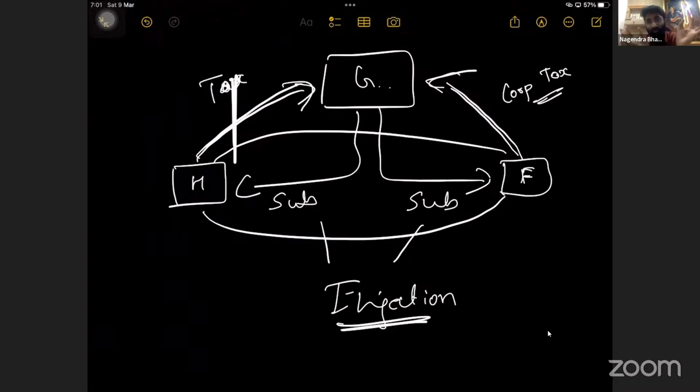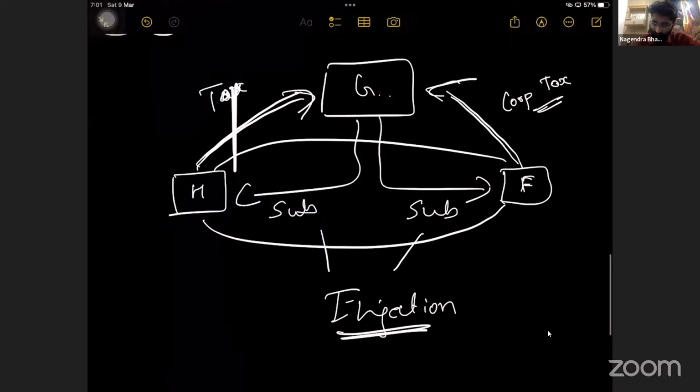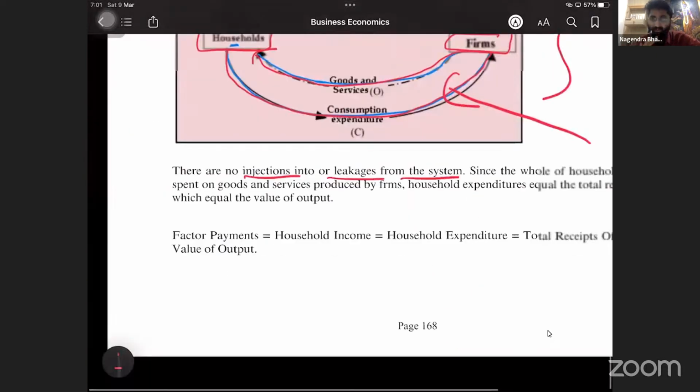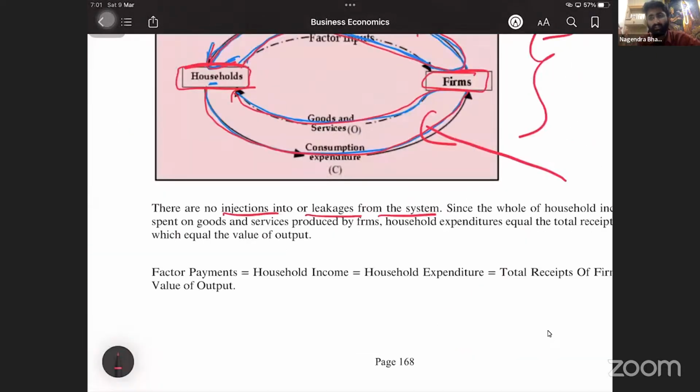The household and firm paying tax, that is leakage. Money is going out from the system, that is leakage. Money is coming into the system, that is injection. We will discuss injection and leakage in detail. But right now there is no other sector, that's why there is no injection and no leakage. Injection भी नहीं है, leakage भी नहीं है.